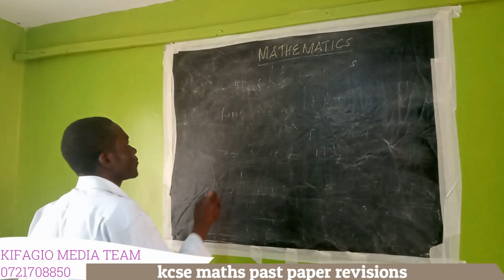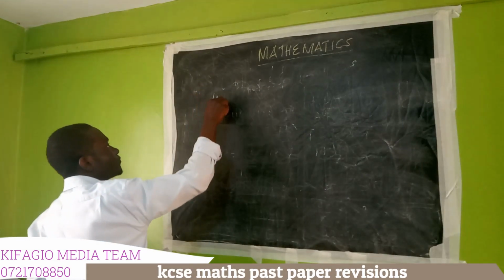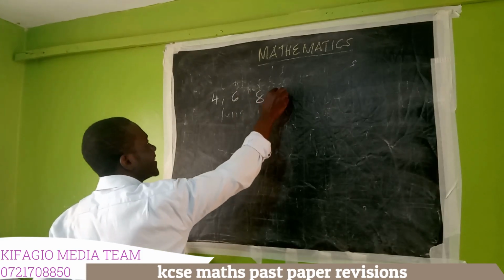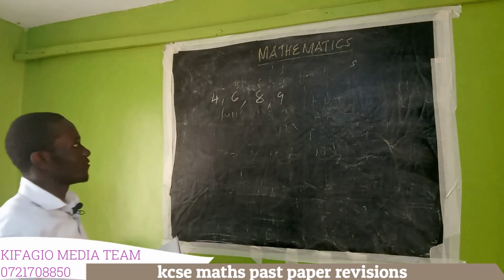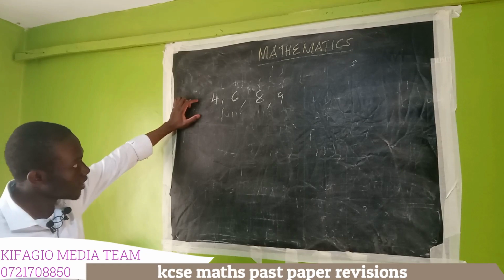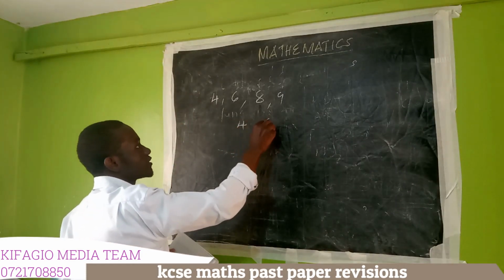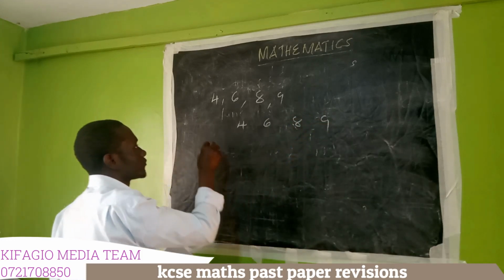And the first 4 between 0 and 10 are 4, 6, 8, and 9. So you'll have to draw a table: 4, 6, 8, 9.